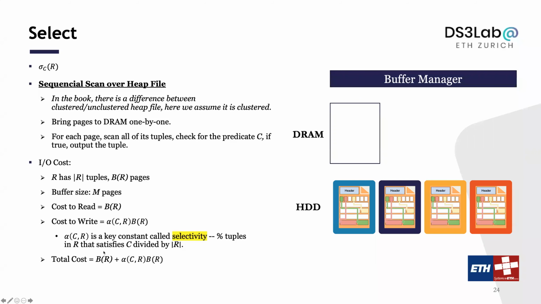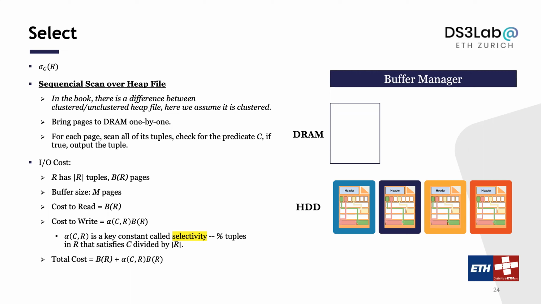So in a real-world database system, this formula is going to be much larger than this one. Even for sequential scan, a single operator is going to have sequential read, sequential write, random read, random write, at least 4 terms in this cost model.